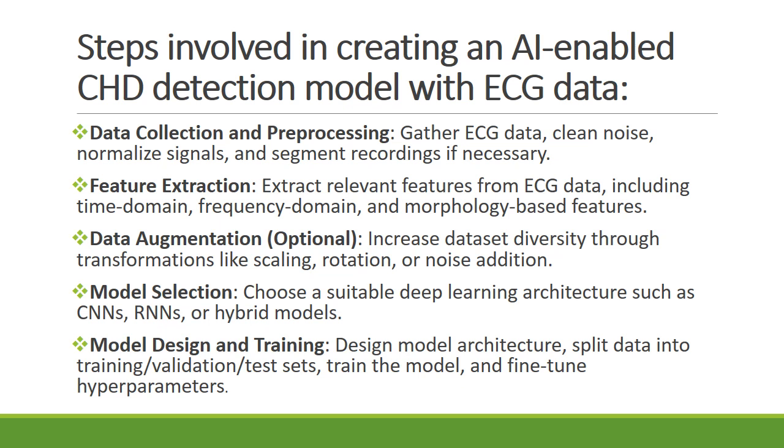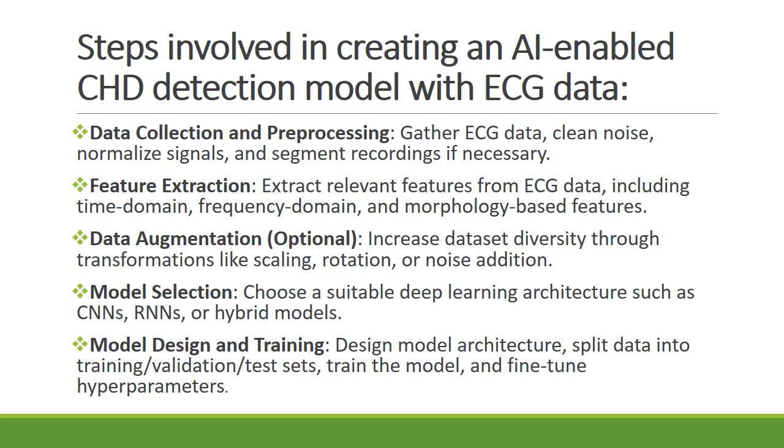Feature extraction. Here you are trying to extract some relevant features, depending on your domain and the implementation. Data augmentation, that's optional, but it's like transforming data, scaling, normalizing, kind of sort.